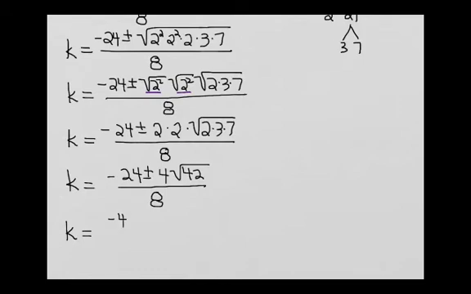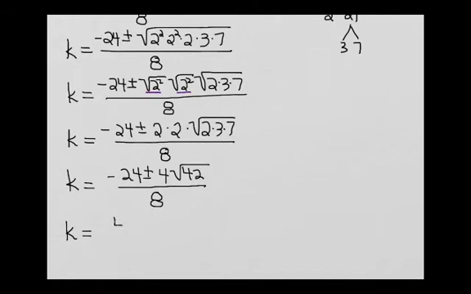So I can factor out a negative 4 here, and I'll end up with 6 plus or minus, actually let's factor out a positive 4. I think that'll make things easier in the long run.